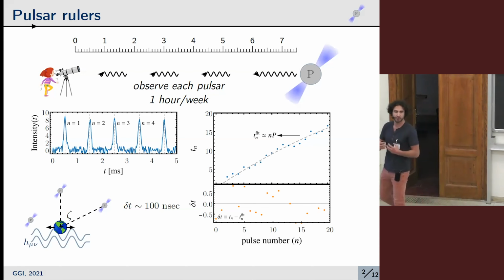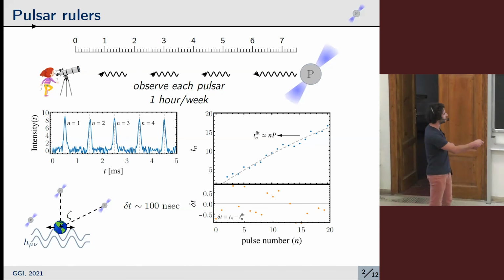Because the gravitational wave will shake just the Earth, to a good approximation. You can forget about the pulsar's effects with the gravitational waves and focus on the fact that it'll shift the Earth back and forth. And noise will just contribute for each pulsar itself. So the correlators between two different time series are really what you want to use. There's a certain angle which determines that time series correlation function, which I'll come back to. And you want to check that it's consistent with gravitational waves.